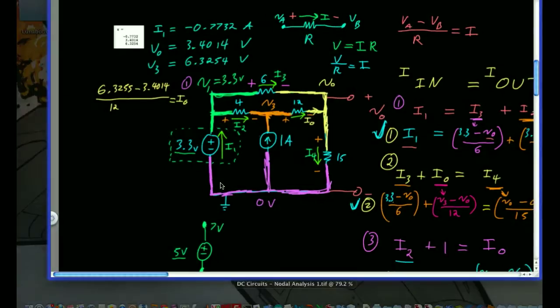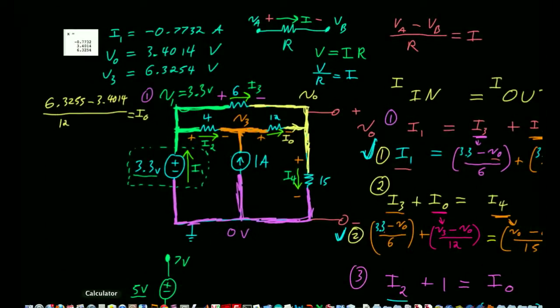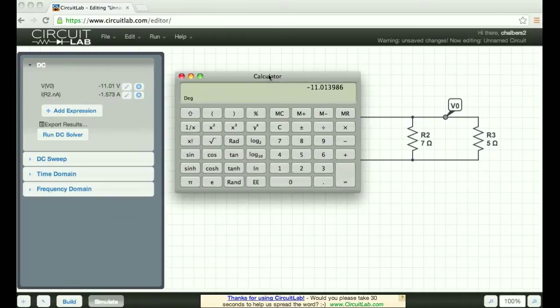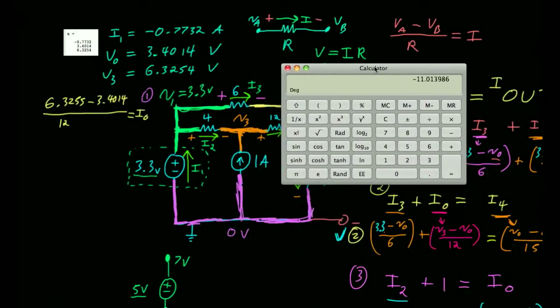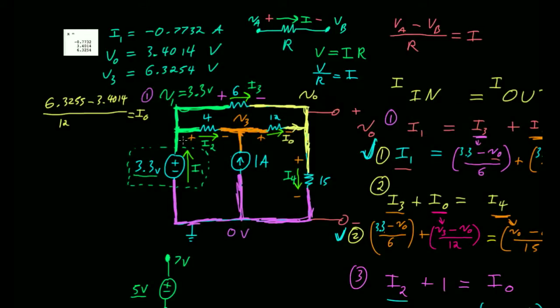So let's go ahead and get the calculator. 6.3254 minus 3.4014, divide that by 12, and I get 0.243675, so 0.24365 amps for I0.